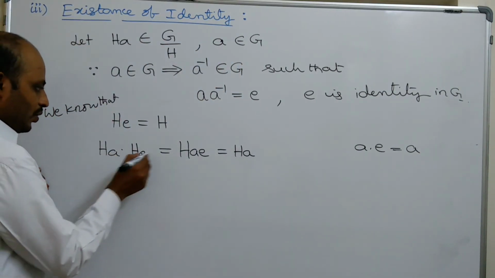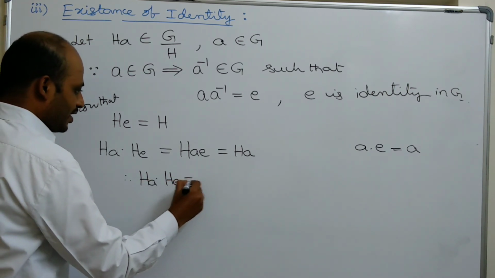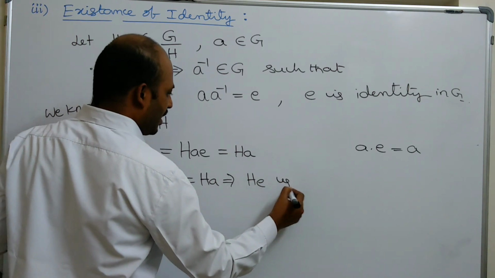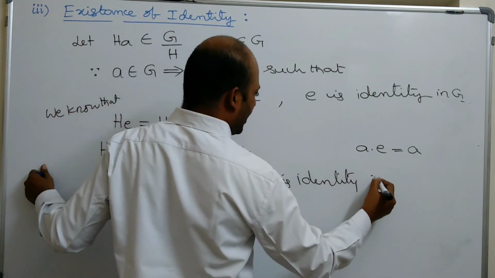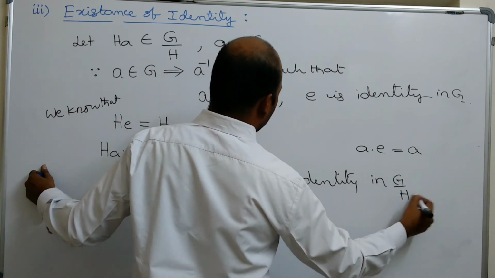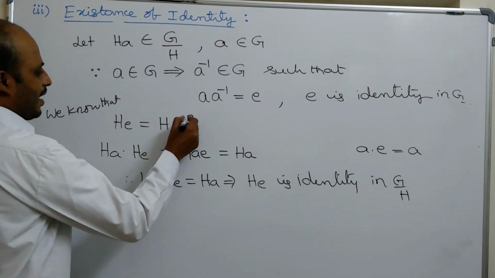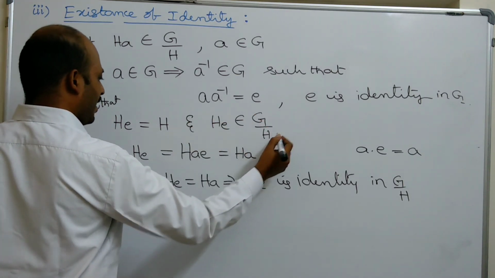Therefore Ha into He is equal to Ha. What it means? He is the identity element in G by H. Therefore, very clear, this He belongs to G by H.